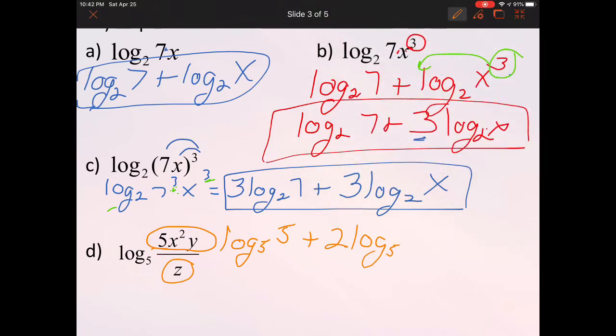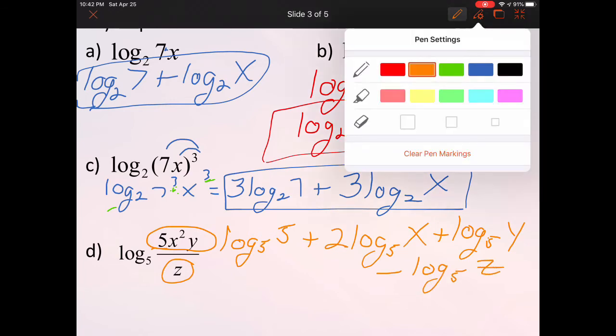Base 5 of x, and then plus log base 5 of y, and then this is being divided by the z, so we have to subtract. So minus log base 5 of z.